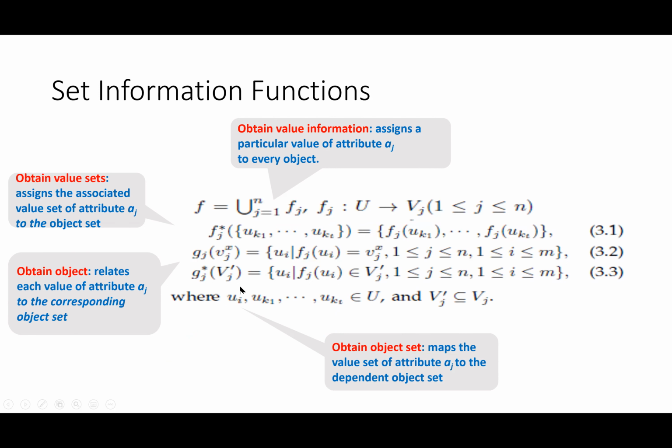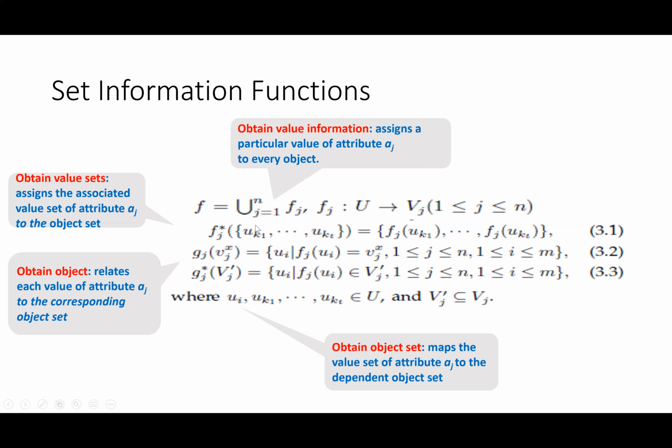Similarly, we can do that at the object level. Given a feature J and a value X, we can find all the objects that satisfy this value. And then we can do it for the whole information table.